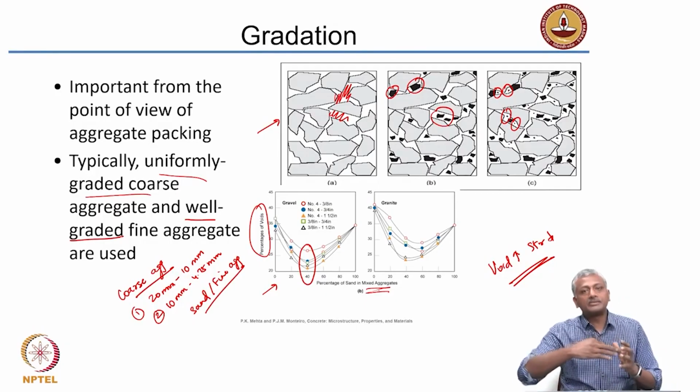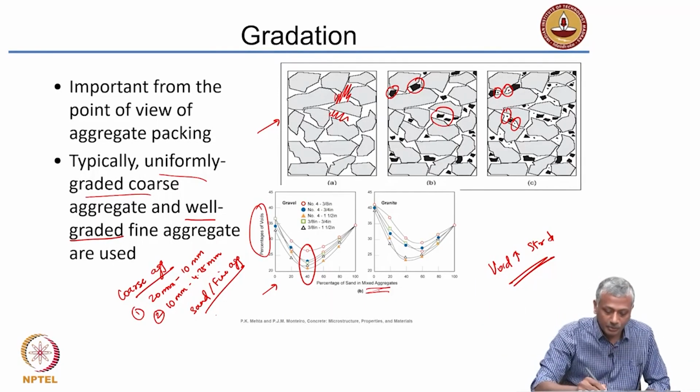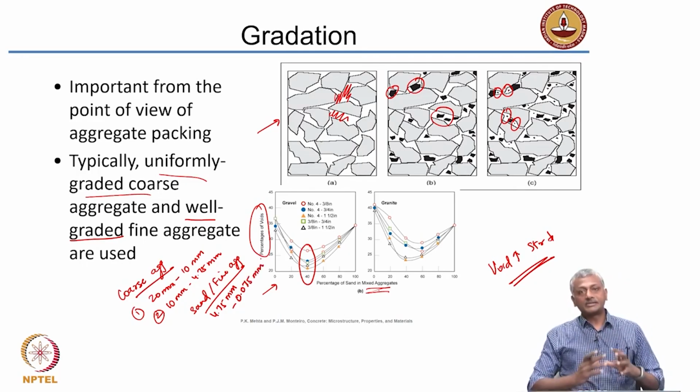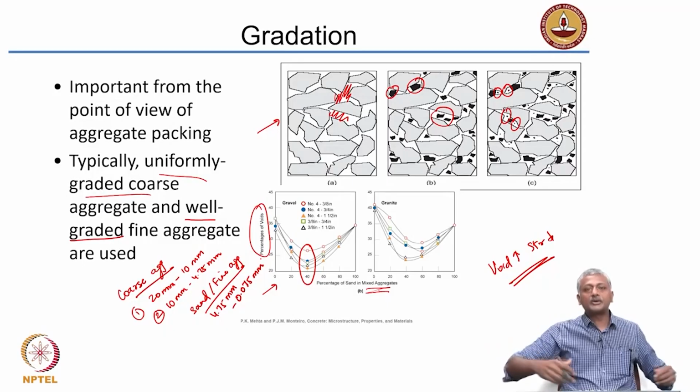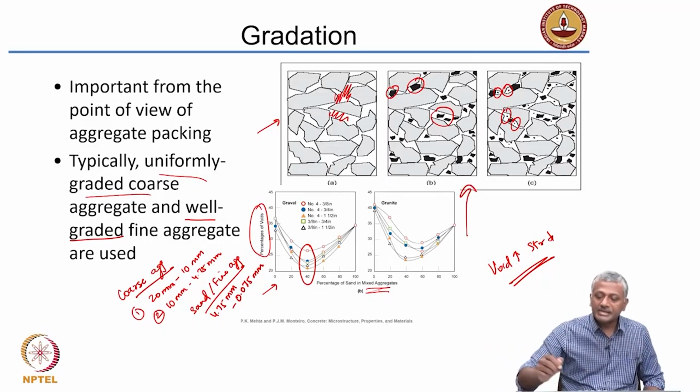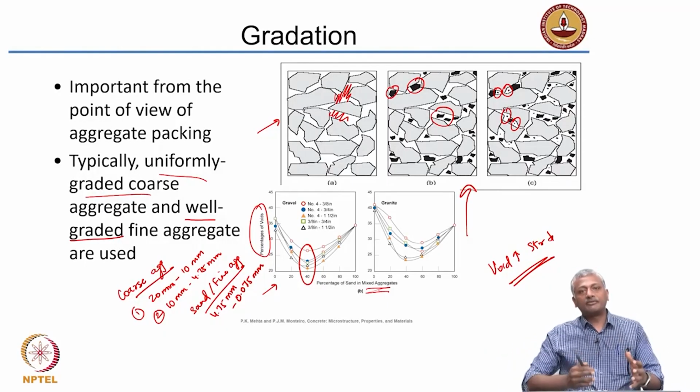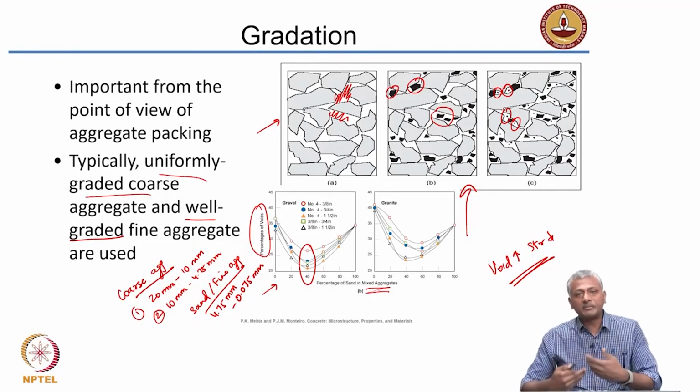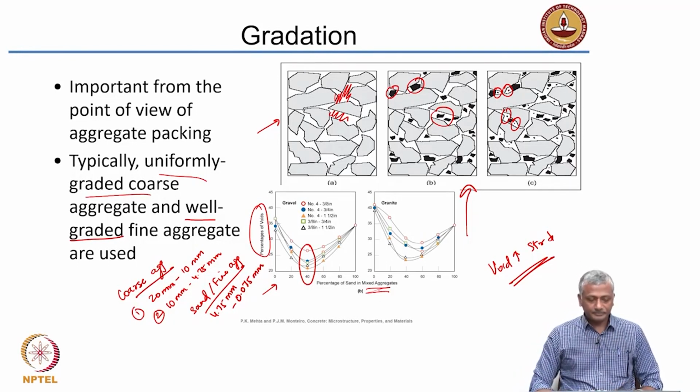That means it has got particles in a large range. So, it goes all the way from 4.75 millimeters to 75 microns or 0.075 millimeter. So, particle sizes are varying over a large range, because of which they can satisfy this kind of a condition where they start filling up the voids left behind by the previous set of aggregates.